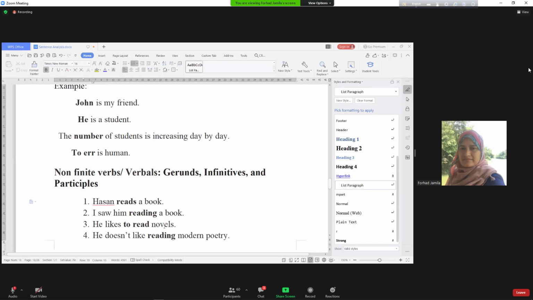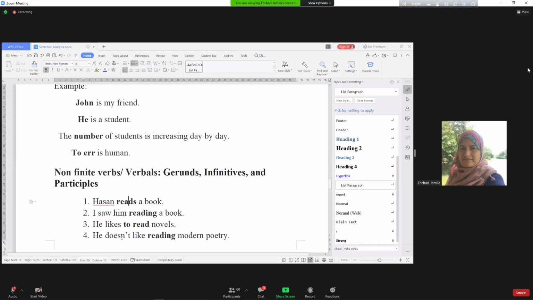If you think about phrase, so to read novels is the infinitive phrase. To plus verb plus remaining word or words is called infinitive phrase. Infinitive phrase হিসেবেও থাকতে পারে.